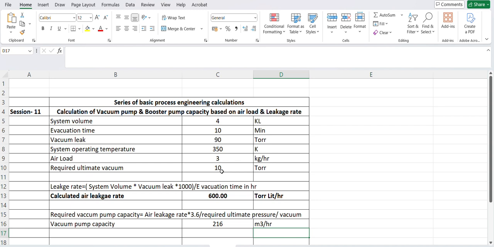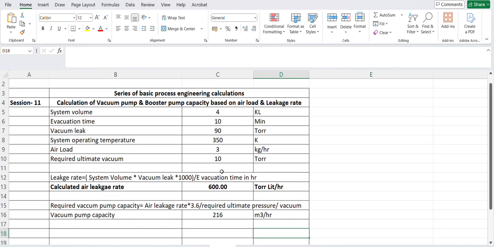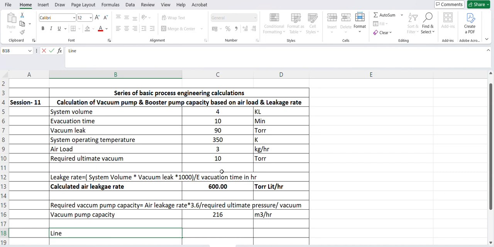Now we have to calculate the line size from pump to system.